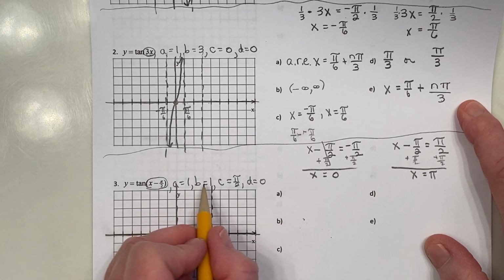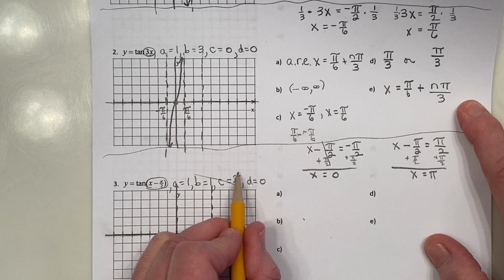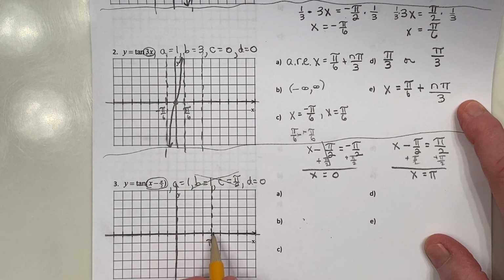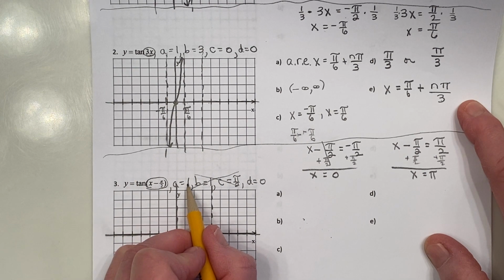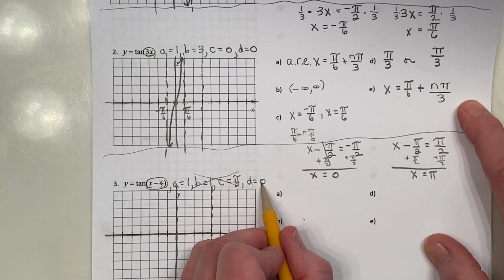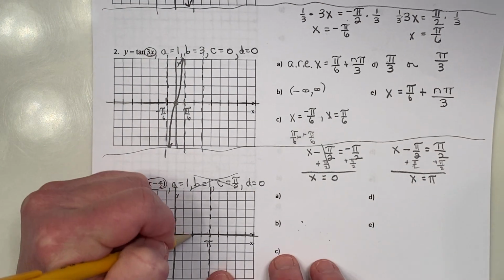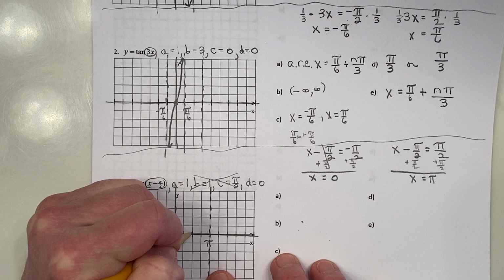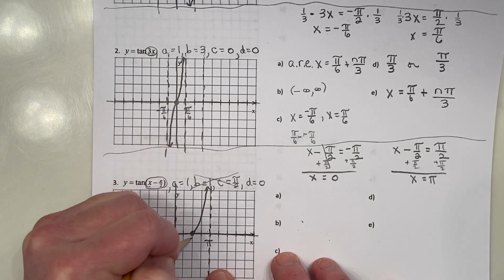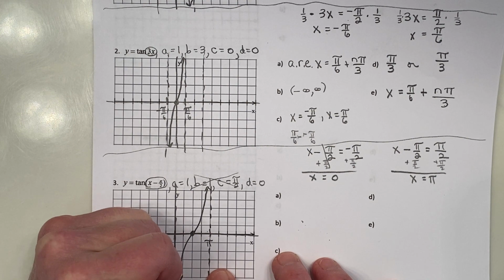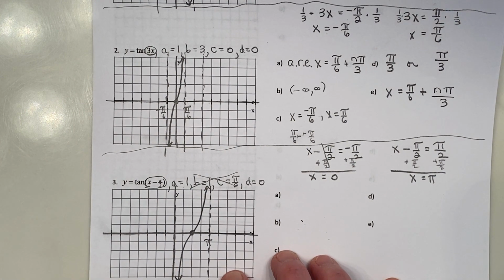We go back and we take a peek at A and D. Now B and C are already taken care of because that gave us our new vertical asymptotes. So there is no change as far as a vertical stretch or shrink. There is no reflection because A is 1 and we do not shift up the graph. So halfway between 0 and pi, I will have an x-intercept, and then I can draw my tangent graph to approach those new vertical asymptotes.